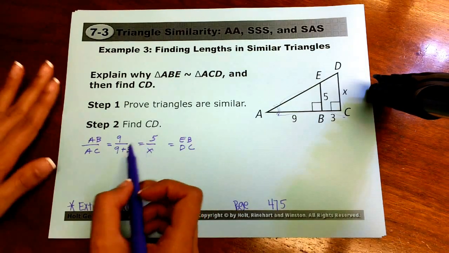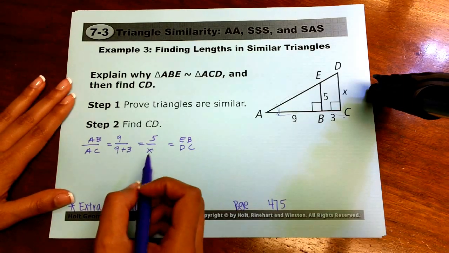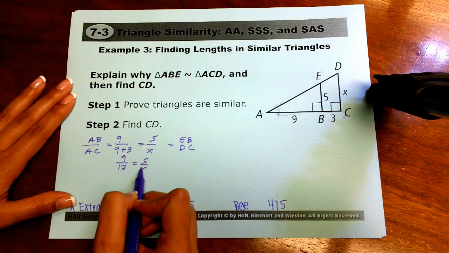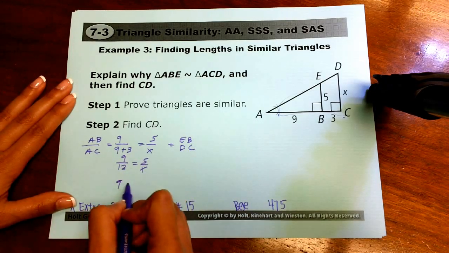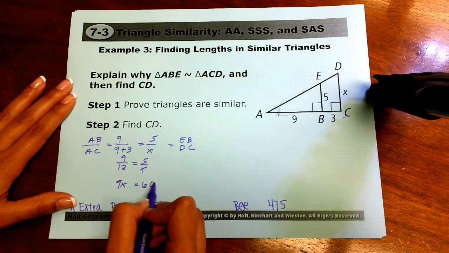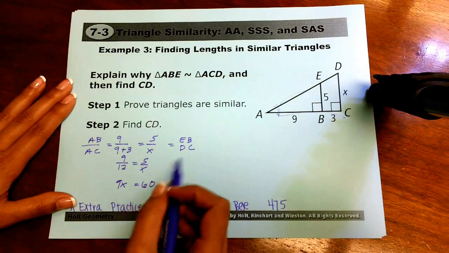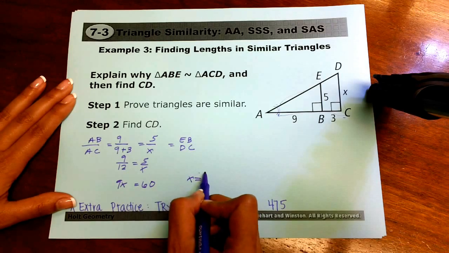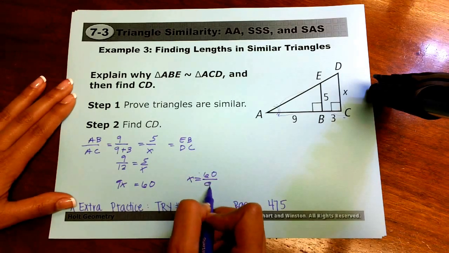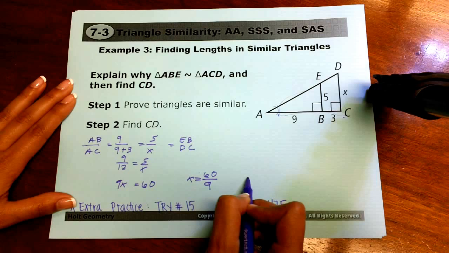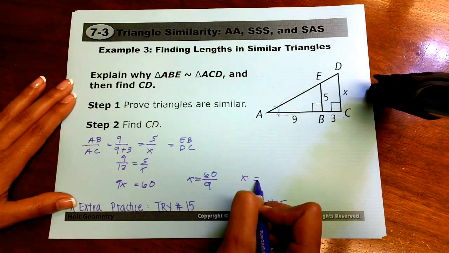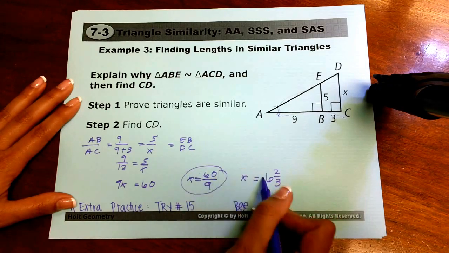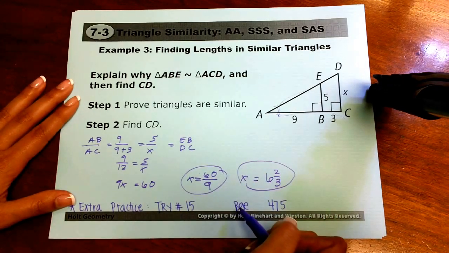I have 9 plus 3, which is going to give me 12, and then the 5x. I have a 9x equal to 60. Divide both sides by 9, and I get x equals 60 divided by 9, which gives me x is equal to 6 2/3. Either one of these is an acceptable answer. I'm okay with improper fractions.